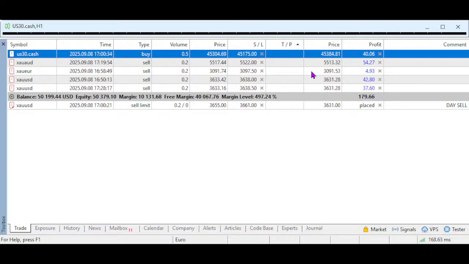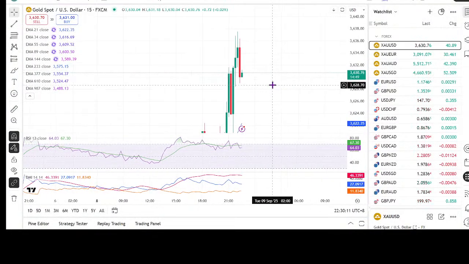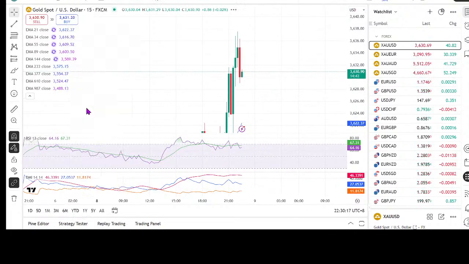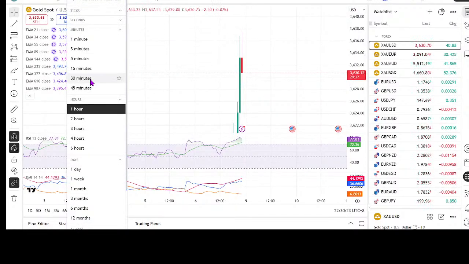So still, okay, now the new time belt has come into play. When I say new time belt, I mean the new 15-minute. So now if you see, the hourly is still weak. This is trading below the open.